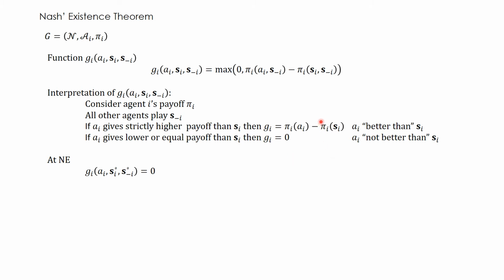So the function gives some positive value, which tells us by how much this pure action is better than the mixed strategy for agent I, and otherwise, if it's not better than Si, then Gi becomes equal to 0. And we know that at Nash equilibrium, no pure action can yield a higher payoff for the same agent than the Nash equilibrium strategy. So at Nash equilibrium, Gi Ai comma S star equals 0.